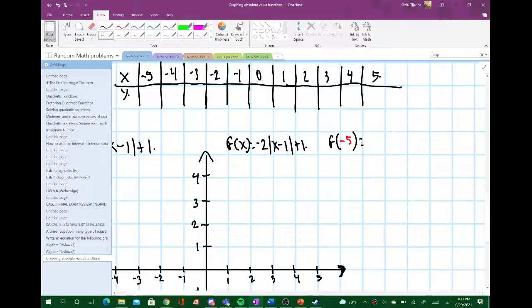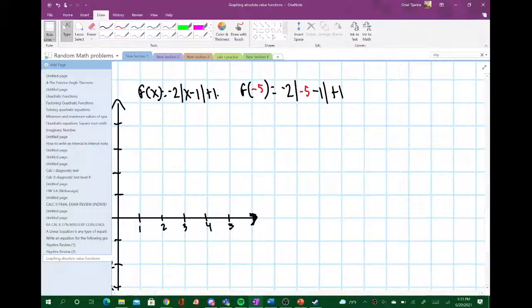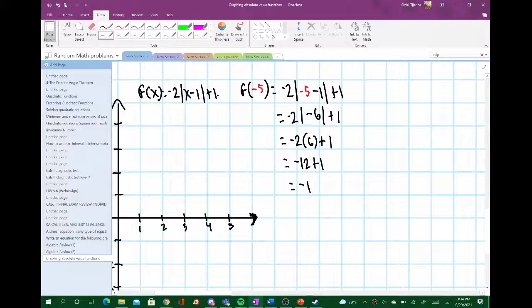So f of -5 is -2 times the absolute value of -5 minus 1, plus 1. This gives me -2 times the absolute value of -6, because -5 minus 1 is -6, plus 1. And then you ask yourself, what is the absolute value of -6? That's just 6, right? Plus 1, so -2 times 6 is -12, and then plus 1, that's just going to be -11, okay?